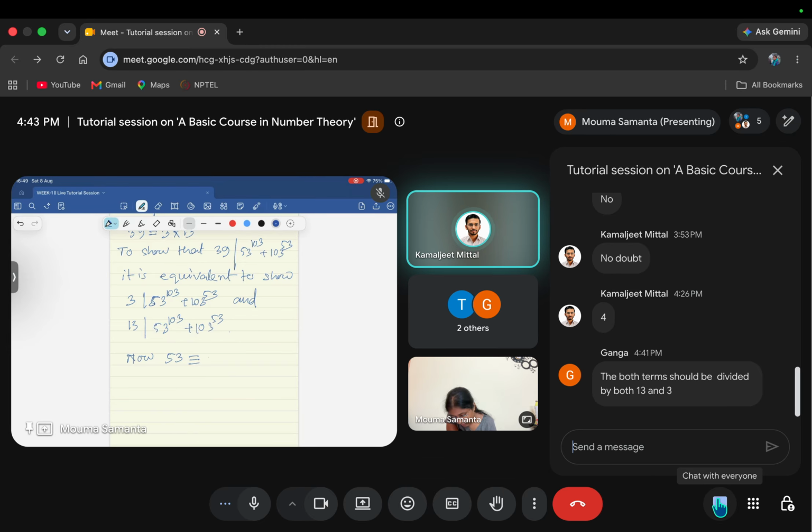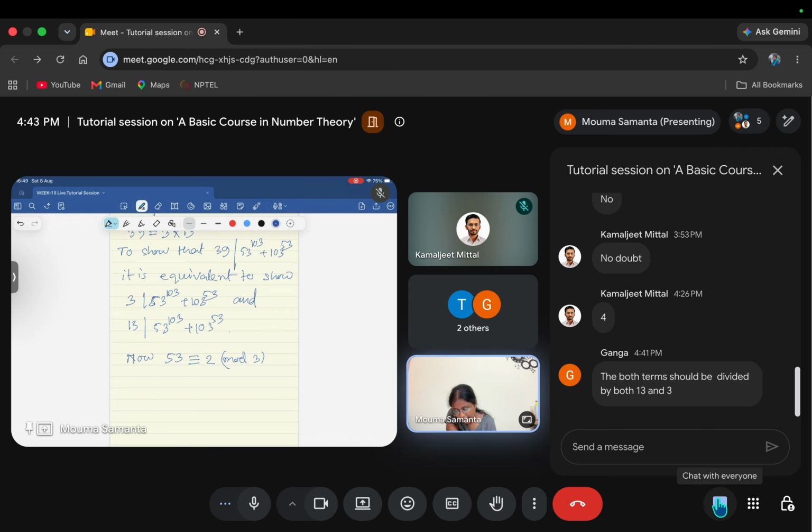That will be 2. 2 mod 3, and 2 is congruent to minus 1 mod 3. Why am I doing that? Because minus 1, if you take some power, it will give you either 1 or minus 1. So that will imply 53 power 103 is congruent to, since the power is odd, again minus 1 mod 3.